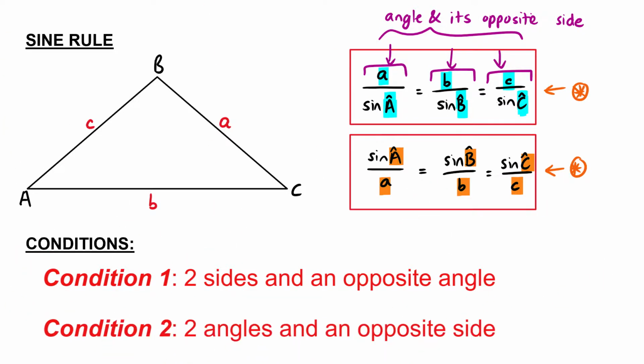So it's the same kind of condition both times, but in one you need two sides and an angle, and in the other you need two angles and a side. And make sure it is an opposite angle or an opposite side.